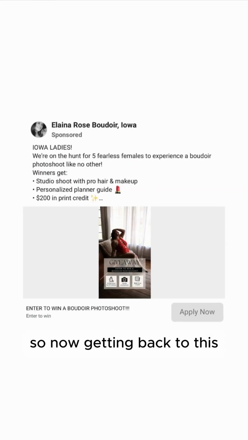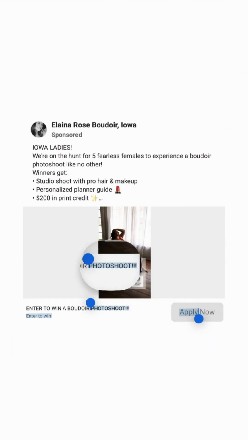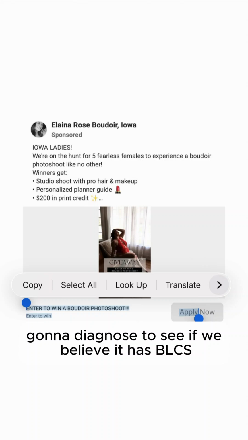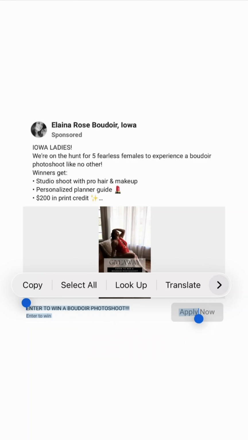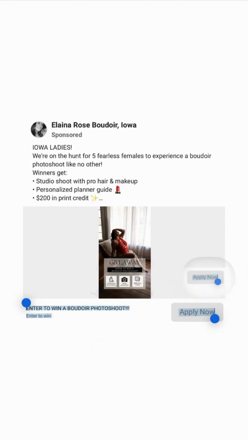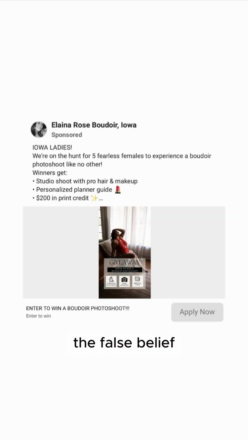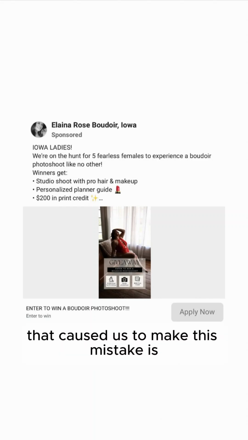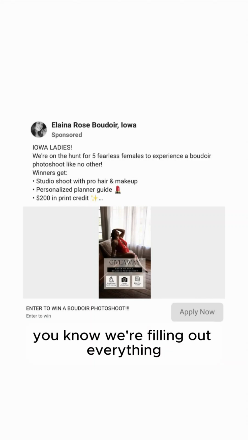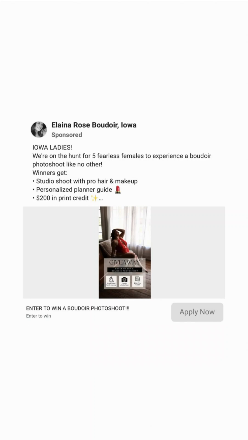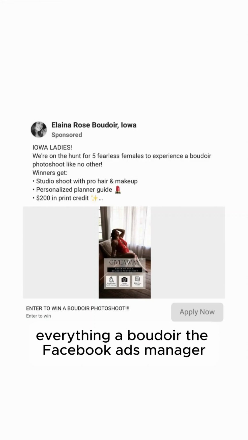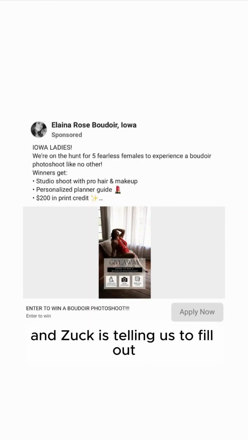So now, getting back to this, I'm going to diagnose to see if we believe it has BLCS, yes or no. So we got the below creative cluster mistake here. The false belief that caused us to make this mistake is, we're filling out everything in the Facebook Ads Manager that Zuck is telling us to fill out.